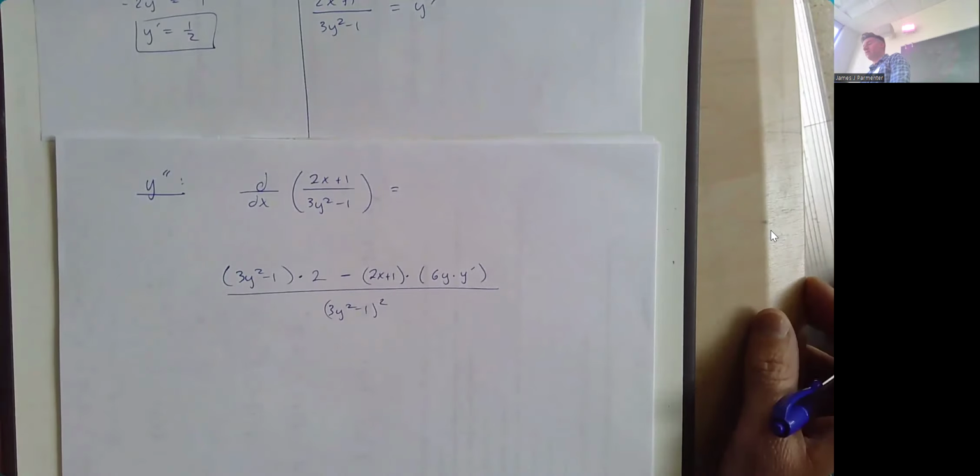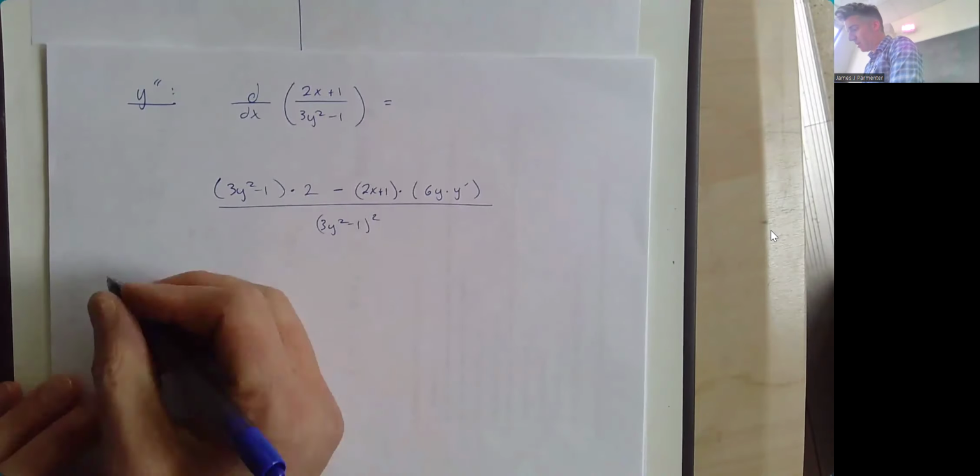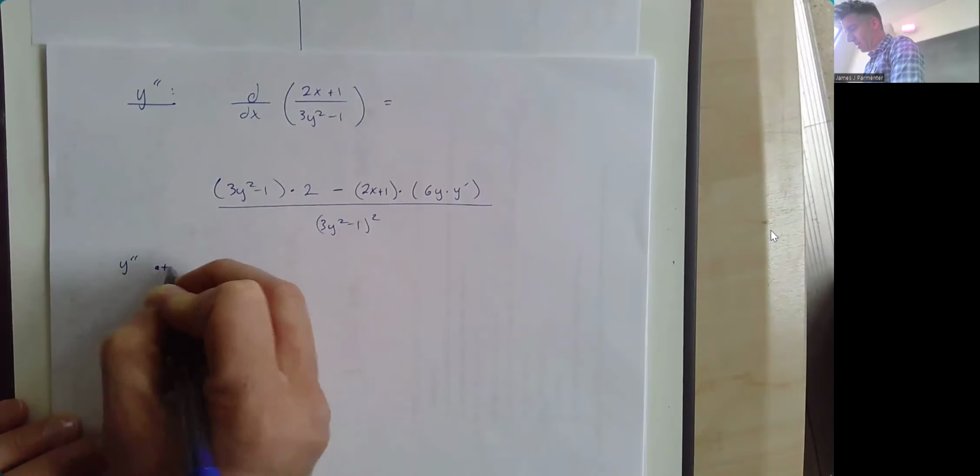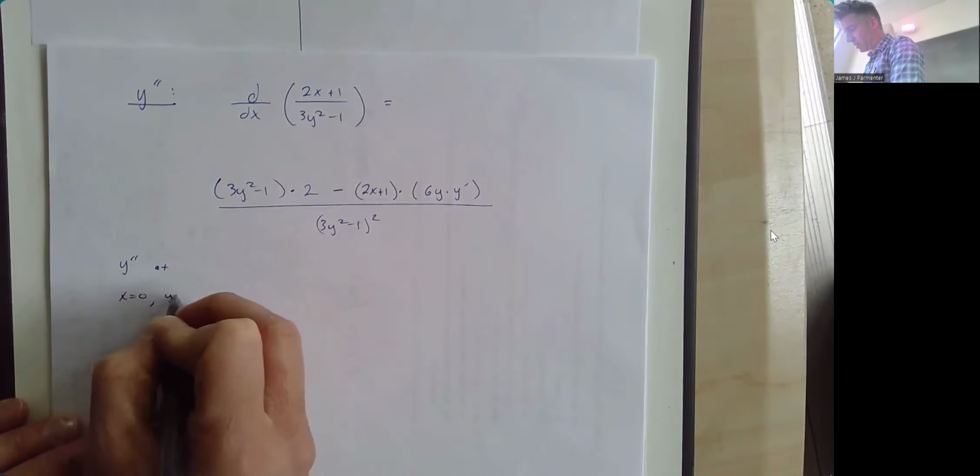The good news here is that we were asked to find y double prime at a specific point. So we don't have to do the terrible simplification. We would just say y double prime at x equals 0, y equals 1.